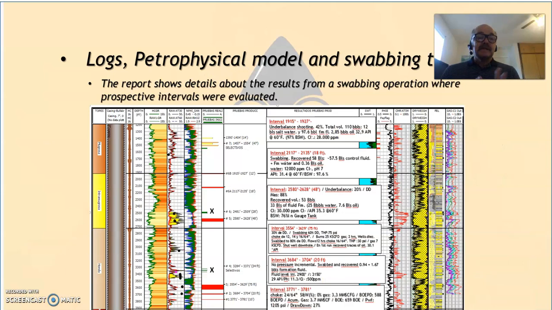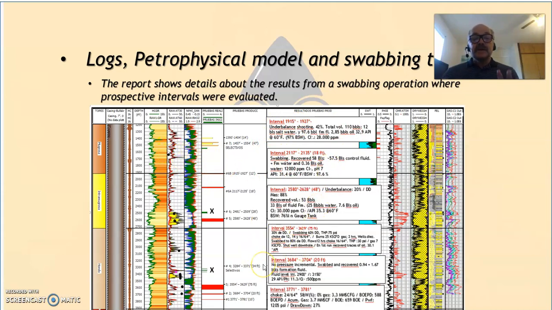This is, I would say, a report that they issue, and they normally put the details of the logs, with the resistivities and the porosities, and all that is included, the swabbing test, the interval, how they shot the well, and perforated the sands.